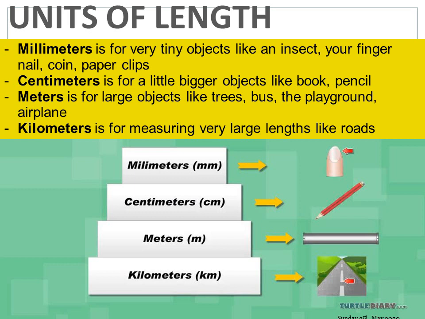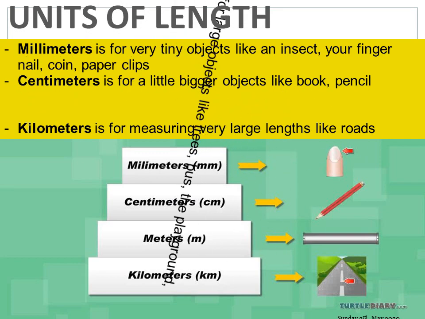Centimeters is the next biggest unit after millimeters. Millimeters is the smallest, then centimeters comes after. If you look at the unit of length block, you can see that millimeters is the smallest block, centimeters is the next one.